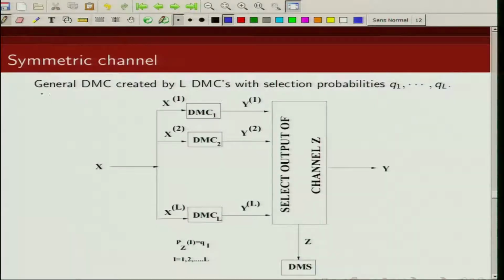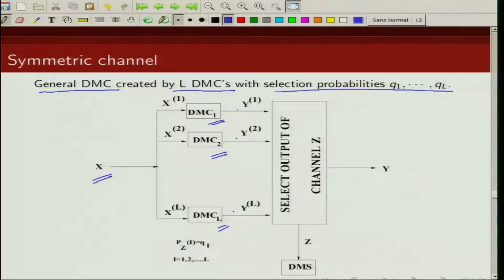You can think of a general discrete memoryless channel created by L discrete memoryless channels with selection probabilities of Q1, Q2, Q3. So I have my input X, and you can think of I have L such discrete memoryless channels. I am choosing each of these channels with probability Q1, Q2, Q3, up to QL.